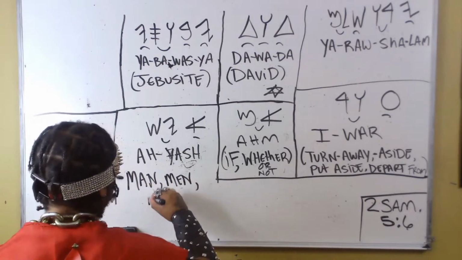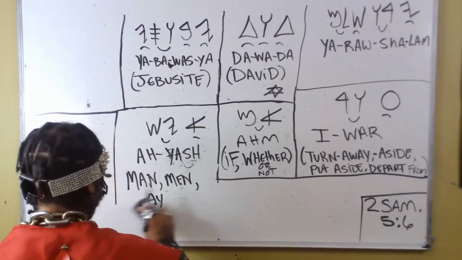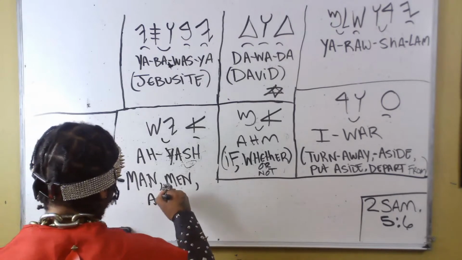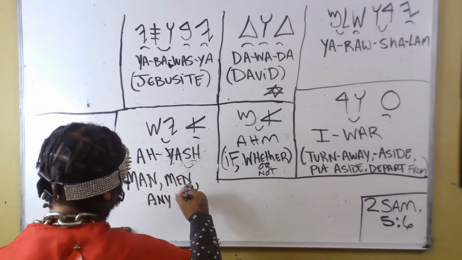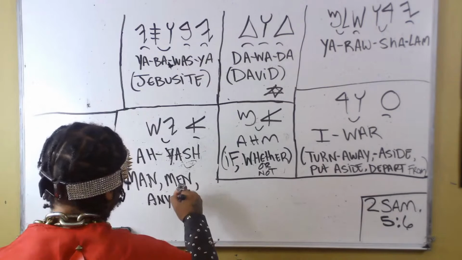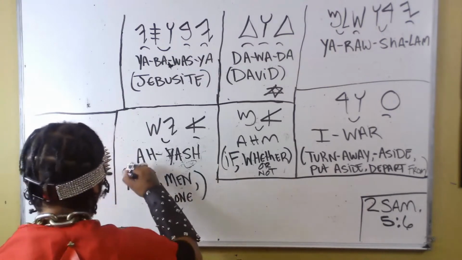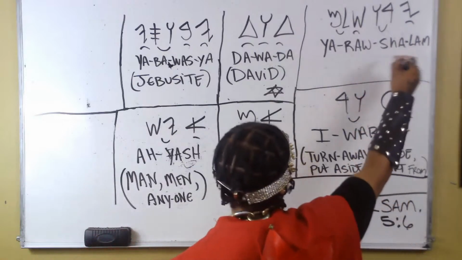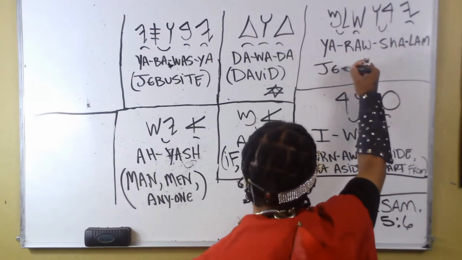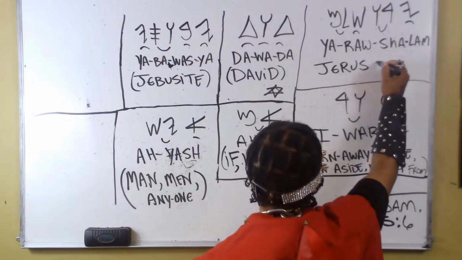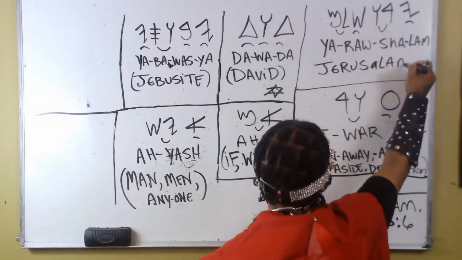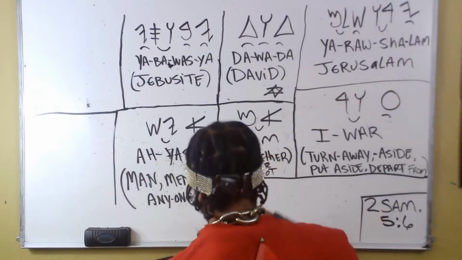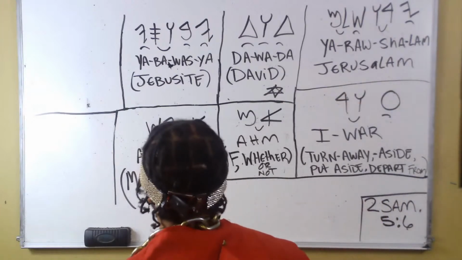And it's also used as anyone. Y'all didn't know that, right? You might see that word there. This word right here, if y'all didn't know, is Jerusalem.